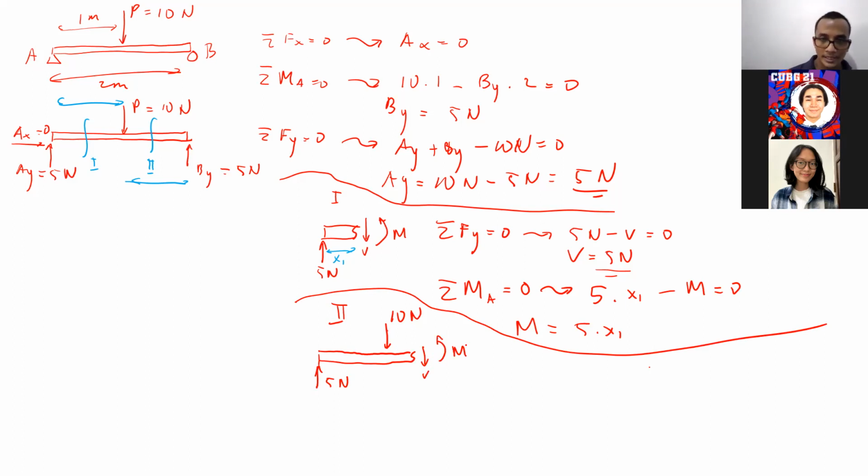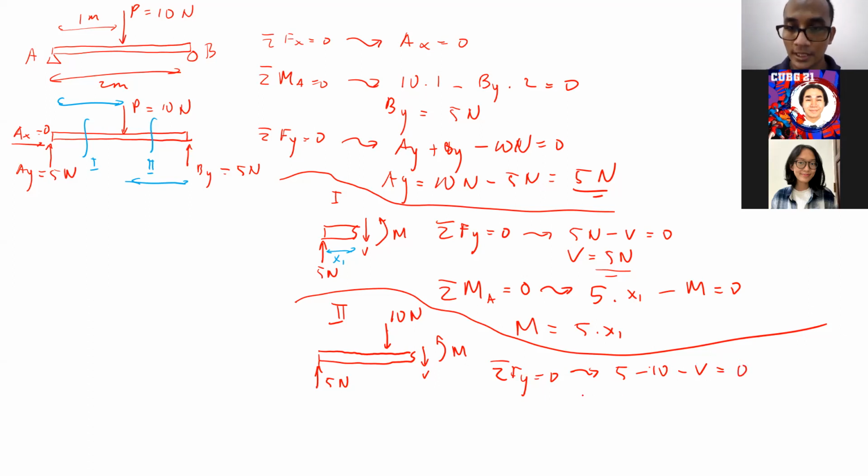Now, the same as before, I want you to solve for V using sigma Fy equal to 0. What will we have there? I think it's 5 minus 10 minus V equals 0.